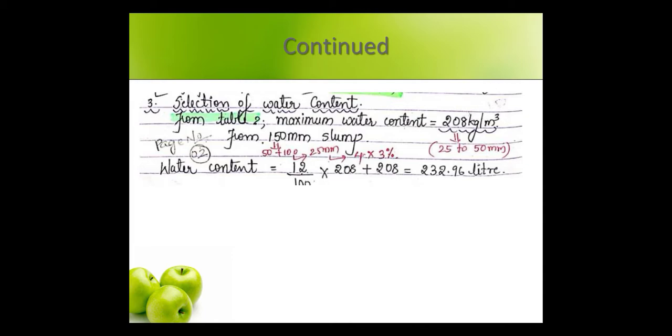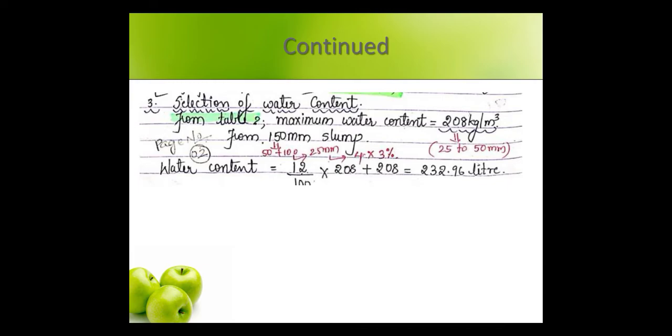For every 25 mm you need to increase 3%. So for the remaining 100, 25 into 4 is equal to 100, so it will be 4 into 3%. So you need to increase 12% here. 12% of the maximum water content you need to increase, plus 208.